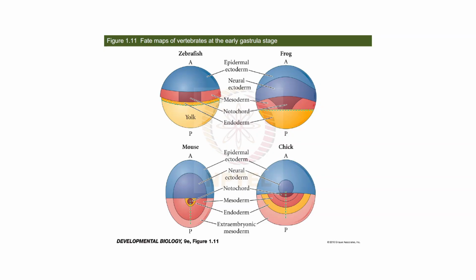So basically it is the fate map which gives us a whole account of the cells that were involved in the development and what they formed in the final organism. So the fate map just tells us the fate of each cell. That is why it is called the fate map.